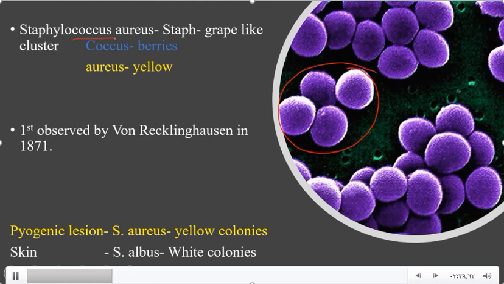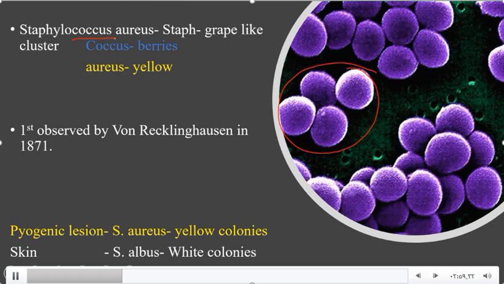Staphylococcus aureus is a pathogenic bacterium. Staphylococcus saprophyticus is also pathogenic, but Staphylococcus epidermidis is not pathogenic.